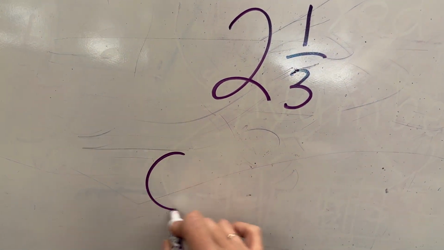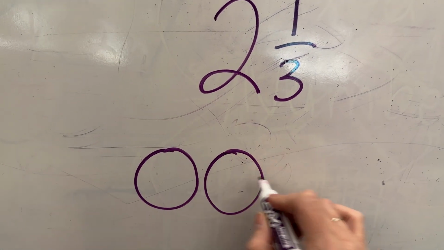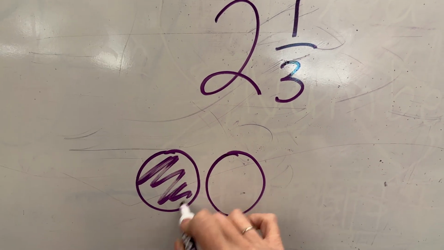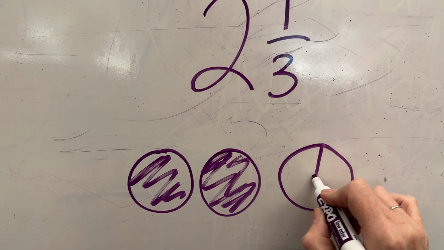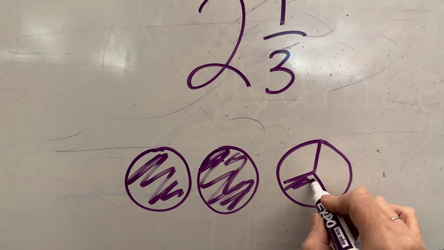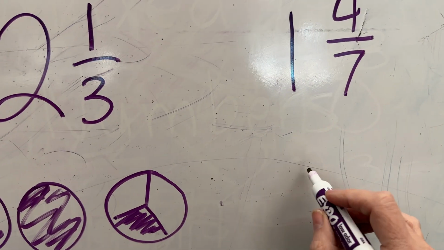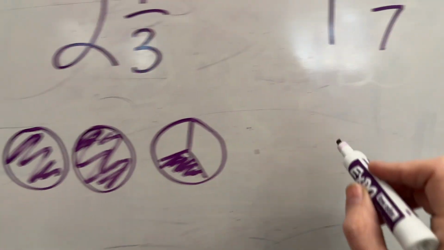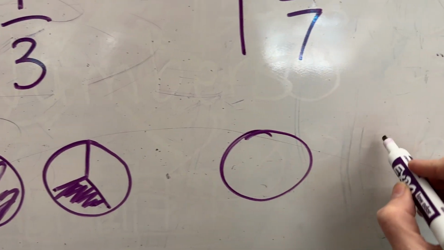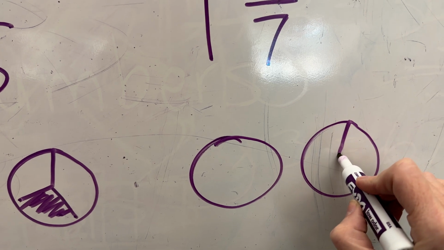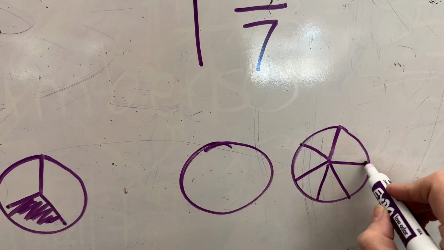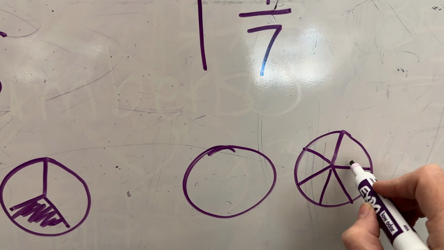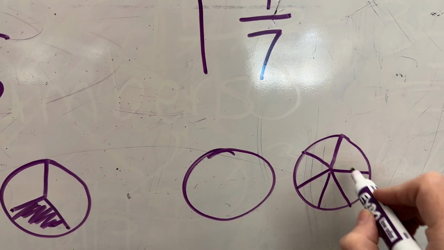If we have 1, 2, let's color those in completely, and 1/3, that is going to be bigger than 1 and 1, 2, 3, 4, 5, 6, 7.